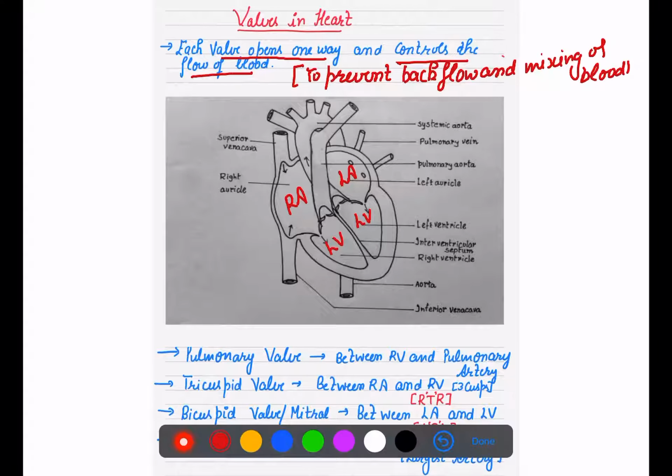Now there is a pulmonary valve. You tell me, as you know, from here this is deoxygenated blood. So this deoxygenated blood will now go to the lungs. So which valve is present here? That is present at the right ventricle. So here it is your pulmonary valve, because which kind of artery is this one?